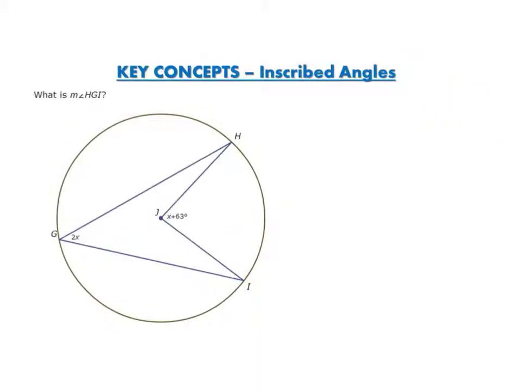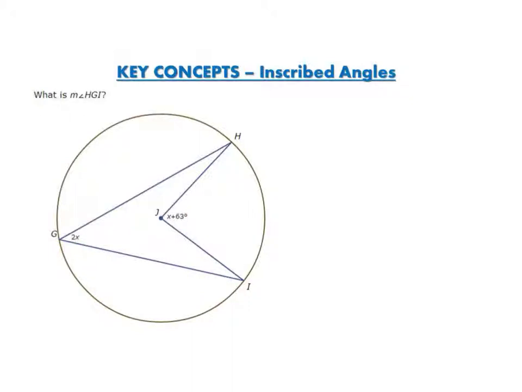And the final kind of problem you're going to see in this lesson asks, what is the measure of angle HGI? Now, they've given us two algebraic expressions, one for the inscribed angle, one for the central angle.